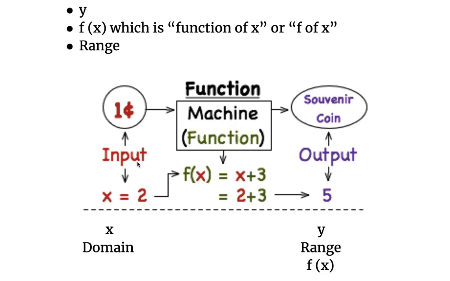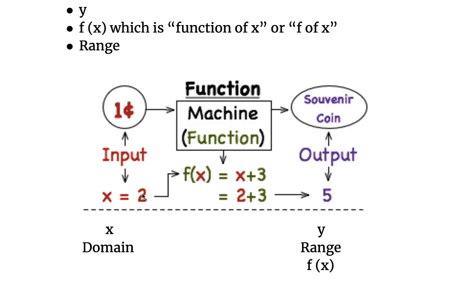In math, we're not going to put an actual object into our machine. In math, our input is a value. So for this function machine, I'm going to put in the value x equals 2 into the machine. This math function machine is going to have what looks like an equation. So it says f of x, we know that's the same thing as y, is equal to x plus 3.